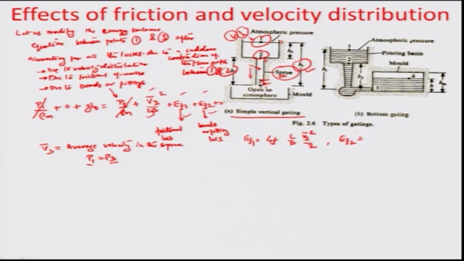EF2 is basically the frictional loss associated with the sudden contraction. In this particular case, the contraction happens from the section 1 to the section 2, and beyond 2 there is no other such contraction which takes place.